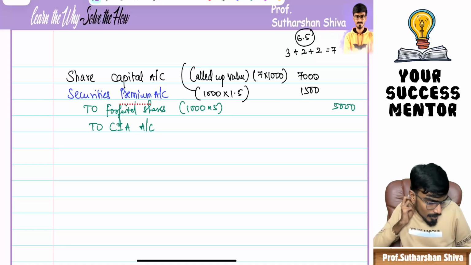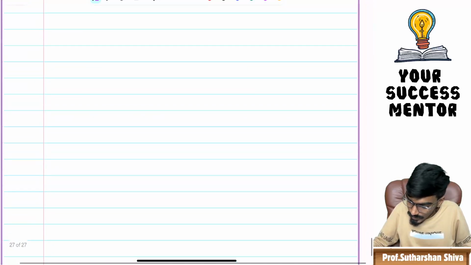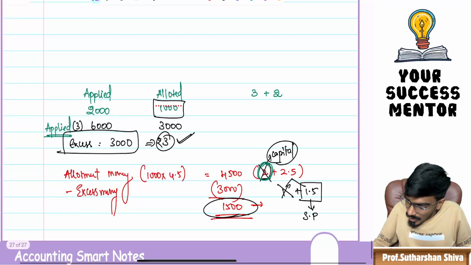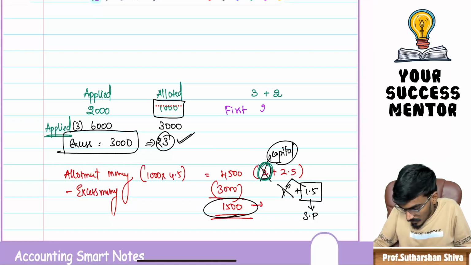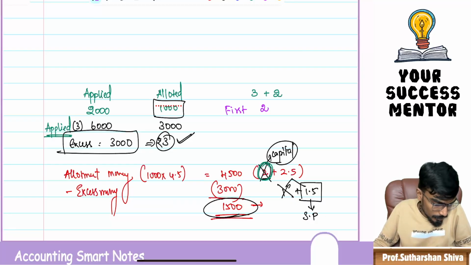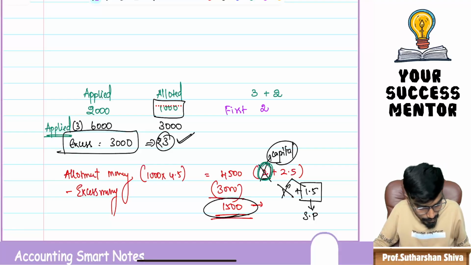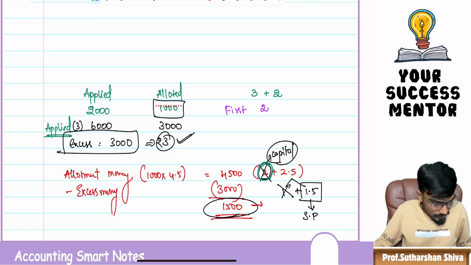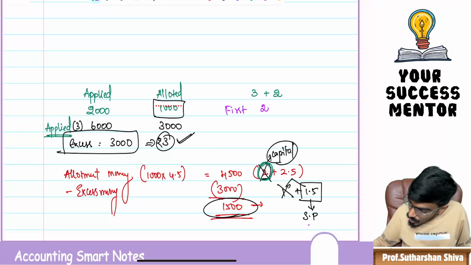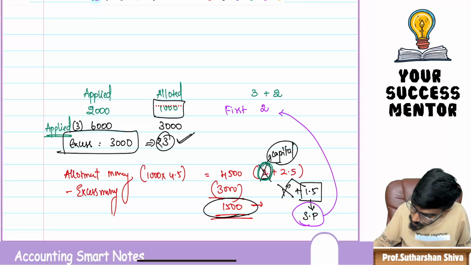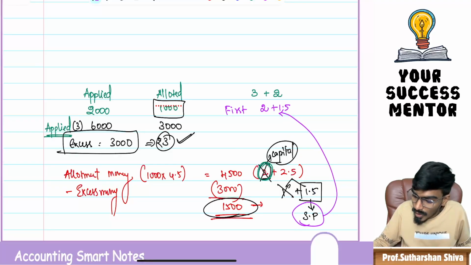Next part: what is the unpaid value? Now, first call money. How much is unpaid? 2 rupees, sir. 2 rupees is the only unpaid value? You should also add the securities premium which is unpaid, which is 1.5.